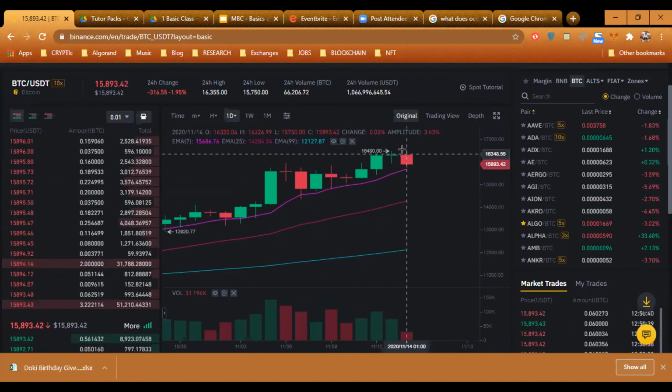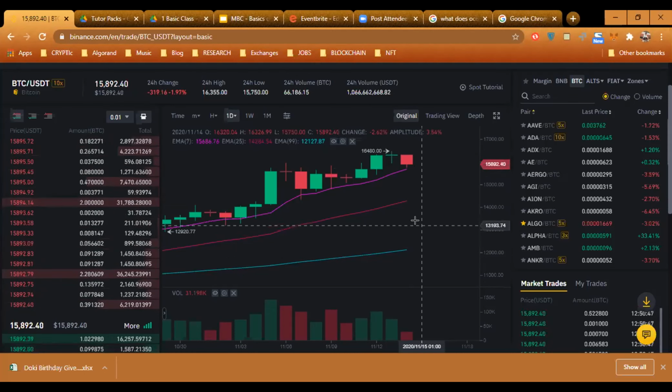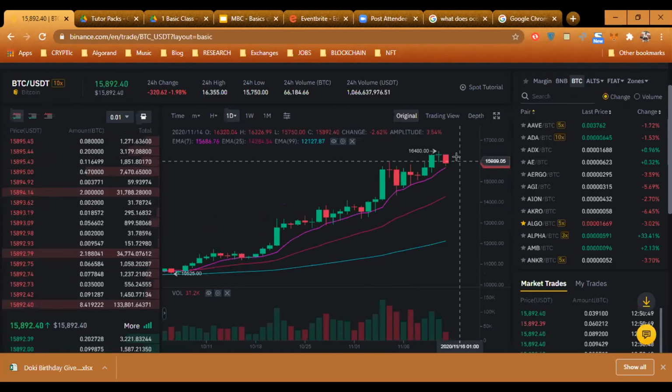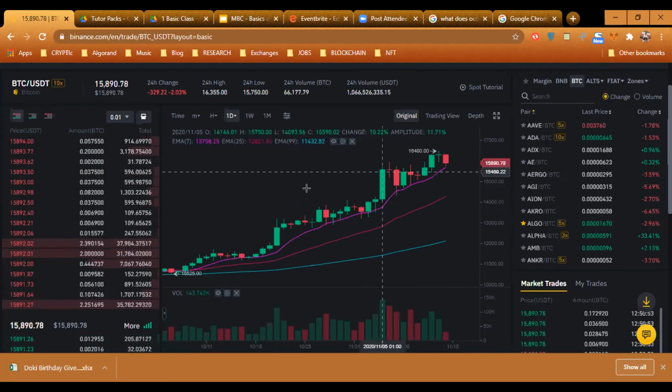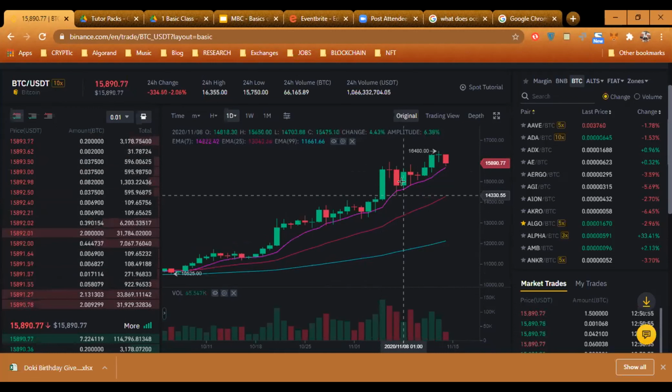And right now, at this point of this class, it's at 16,303. What am I looking at? BTC USDT, right? And this is the 1-day candle. Now, each candle represents a day.